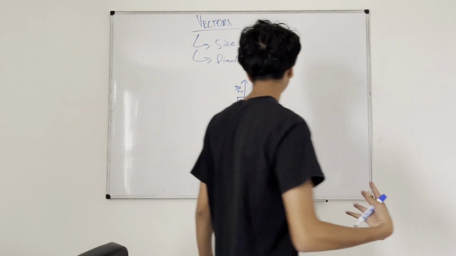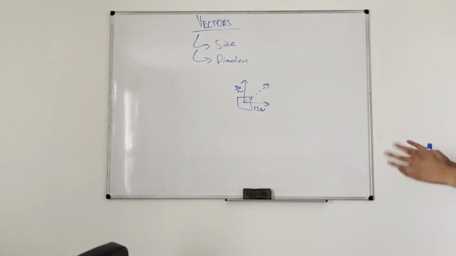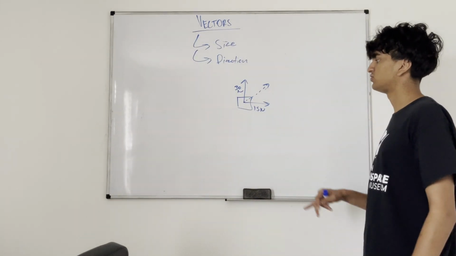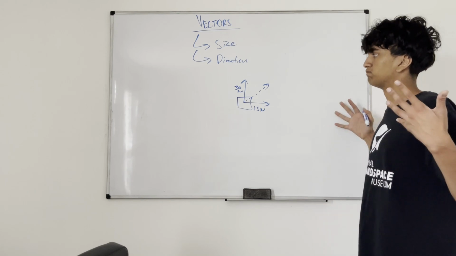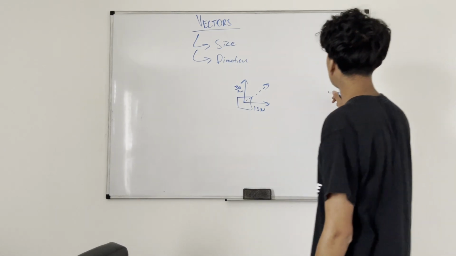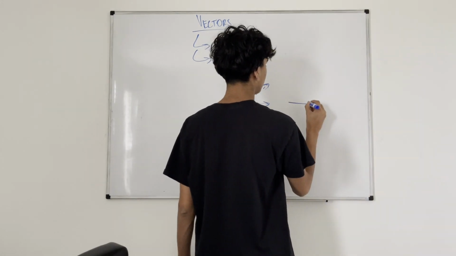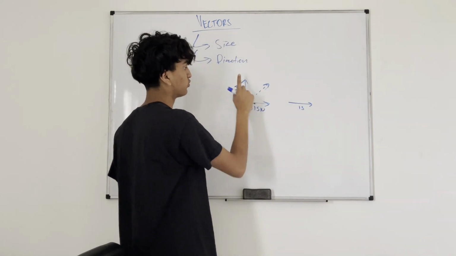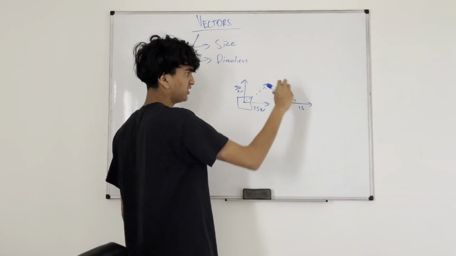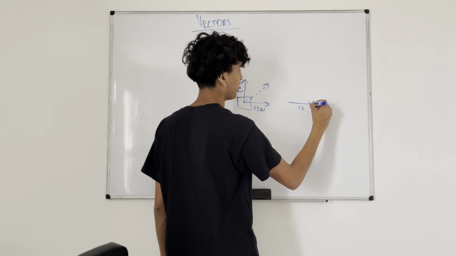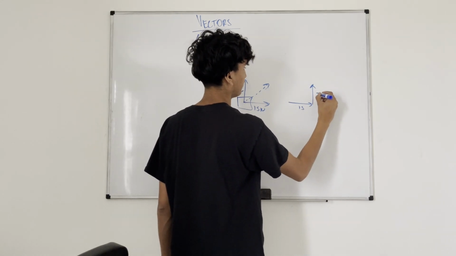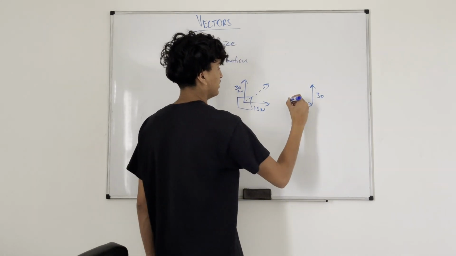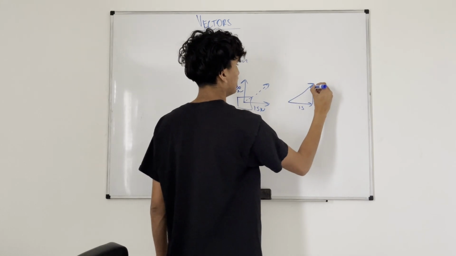And the way you would solve for that diagonal vector, the combination of the vectors, is you would just do right triangles. So if I have 15 newtons this way, and the 30 newtons is upwards, I can move it here, and this is just to help me solve for my final answer. Then I'm solving for the combination of these two.